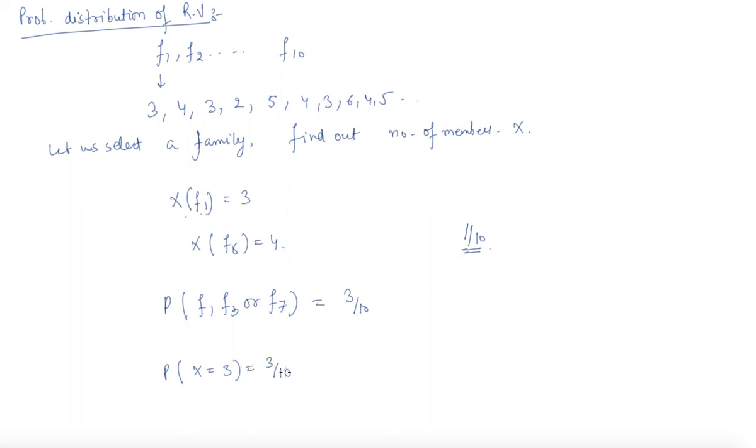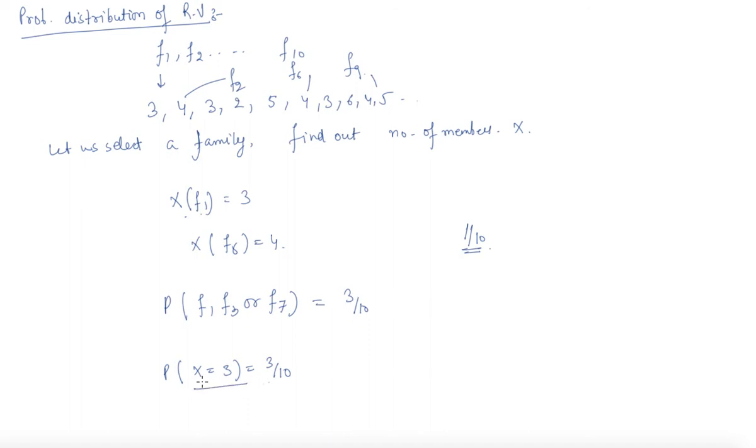3 by 10. For the families of 4 members, there are 3 families which are f2, f6 and f9.